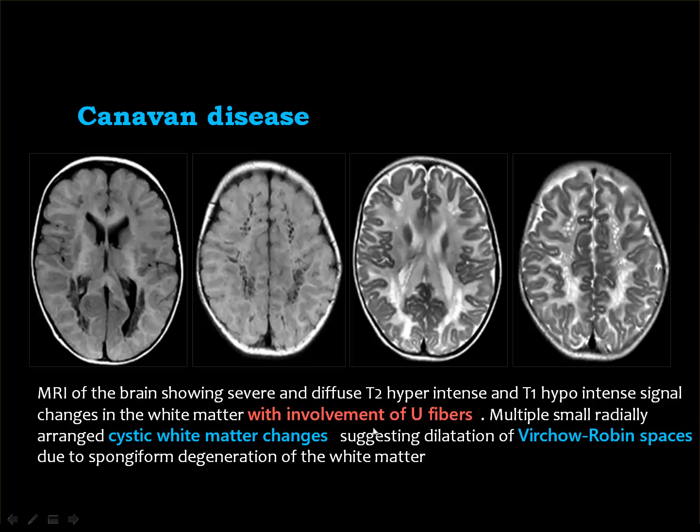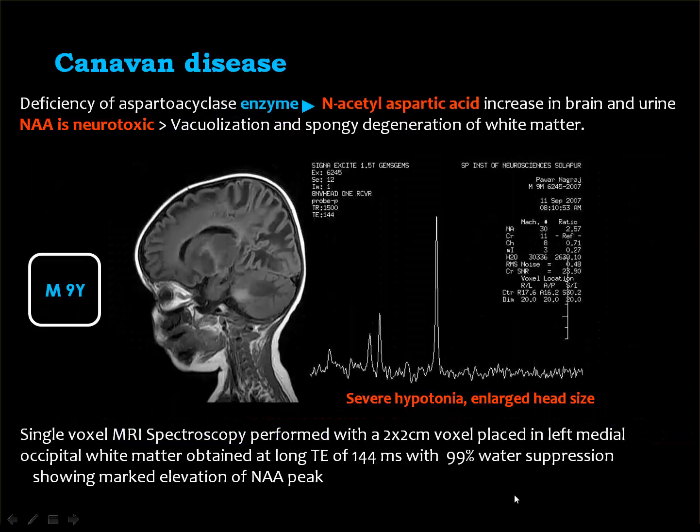We'll mention this in the second part of the talk. You remember from yesterday that Canavan disease is the only disease that elevates the peak of N-acetyl aspartate compared to other peaks on the MR spectrum.